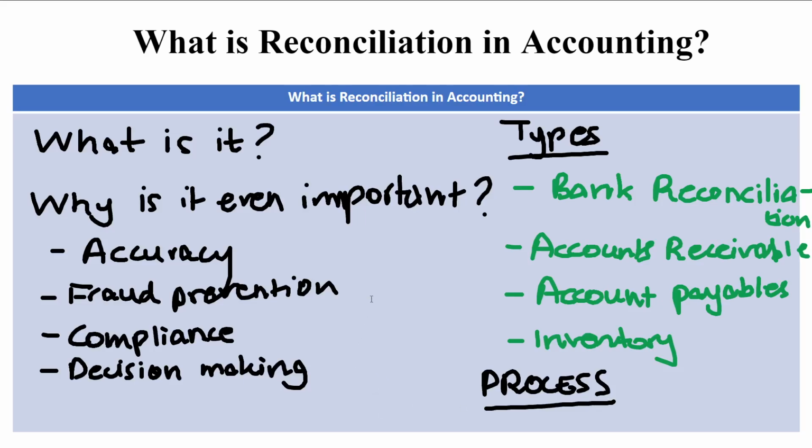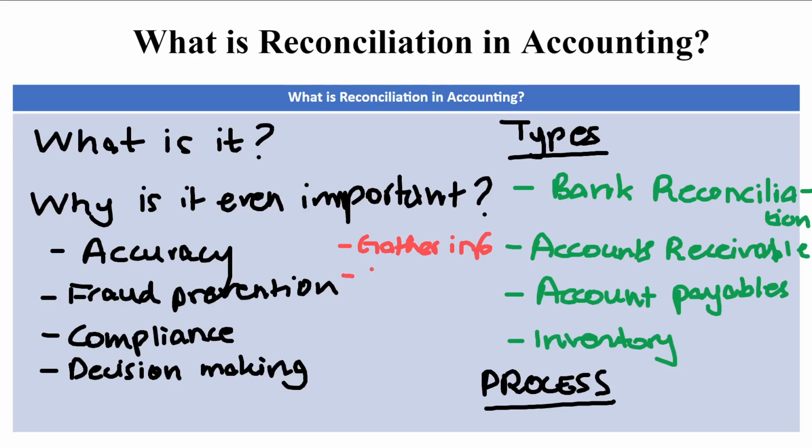So the first step in the process is gather information. So I'm going to be writing the steps down. Gather info. So collect the two sets of records you want to compare. For example, in case of a bank, it's going to be a general ledger and a bank statement.